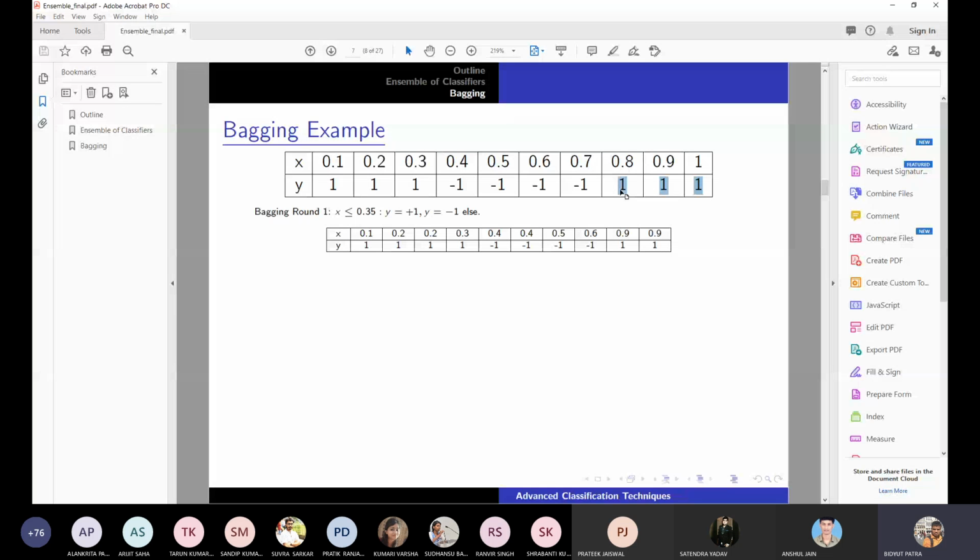That means if you take only the 3 points, it will be much easier to identify the class level. So this is boosting, and these 3 points, as I said, are wrongly identified. Then the error rate will be 0.3, and half of the total weight should be assigned to this set of instances, and the rest will be assigned the other half of the weight.